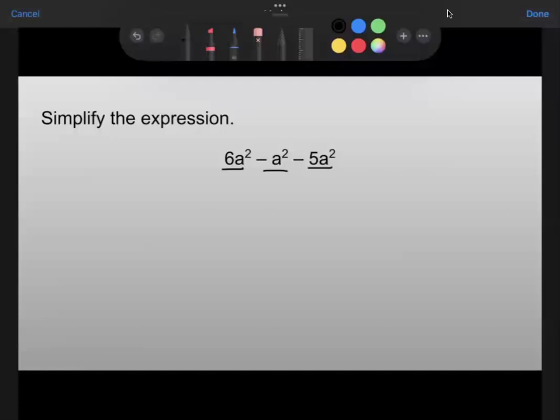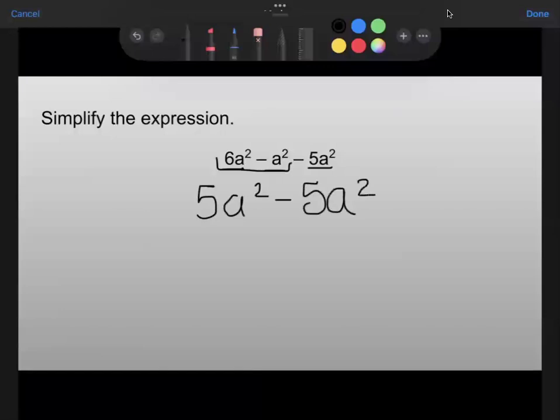So I know I can combine them all together. I'm going to start with these two, 6a squared minus a squared. Now, even though there's no number in front of a squared, there's that invisible 1 that's always there in front of a variable with no coefficient. So 6 minus 1 is 5. So I'm going to make that 5a squared, then minus 5a squared.